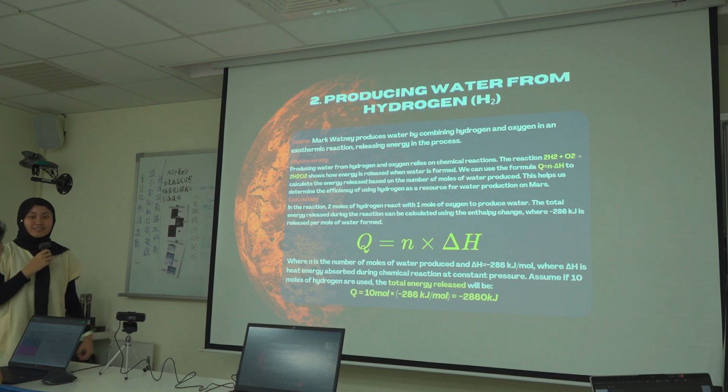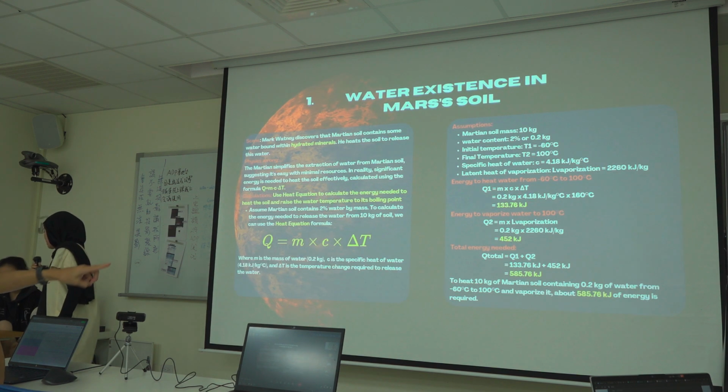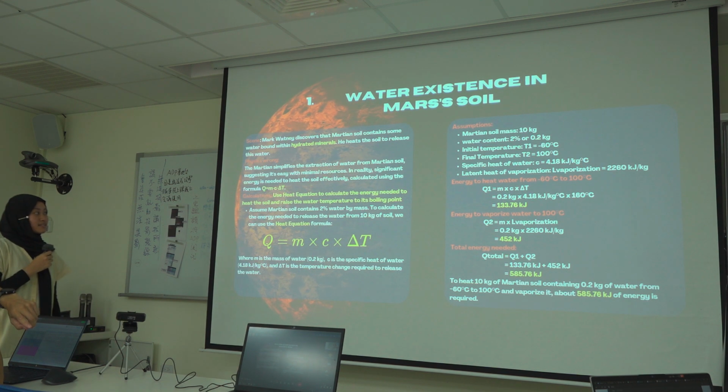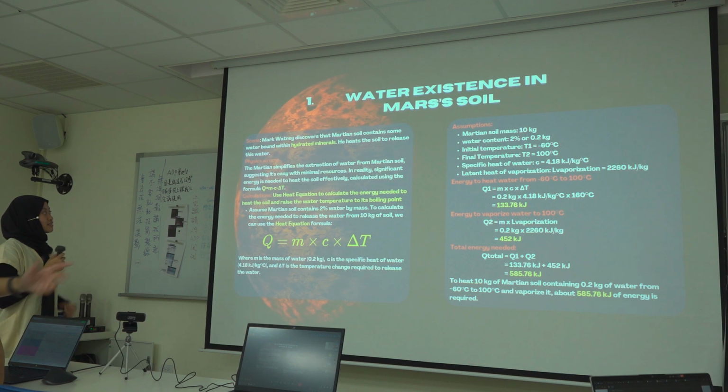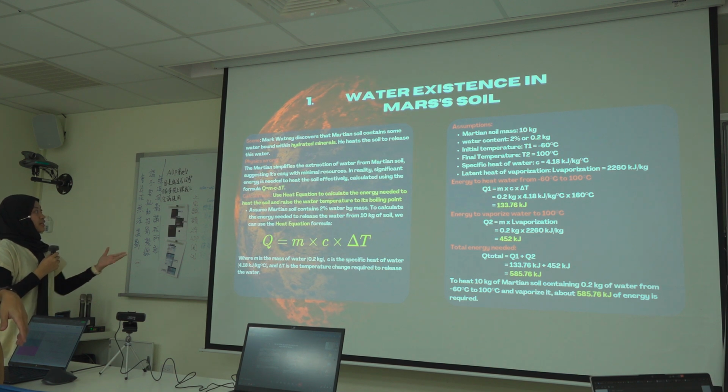Sorry, in the movie, I don't get the point. What's the calculation on the previous page? You are calculating the heat, right? Yes. So what's wrong in the movie here? Because he didn't explain how to extract the water.